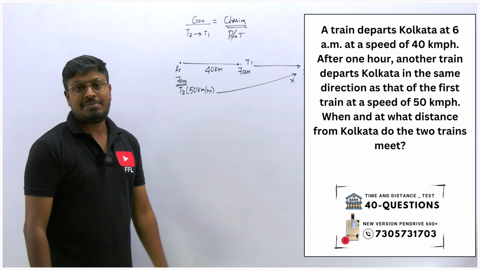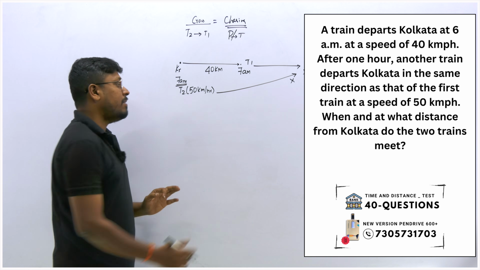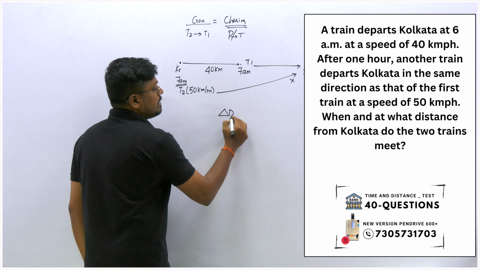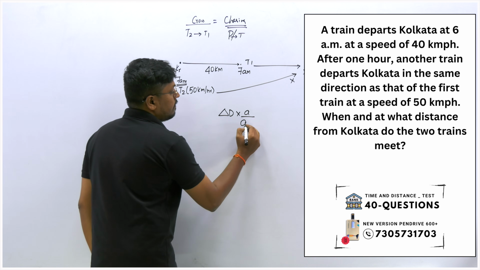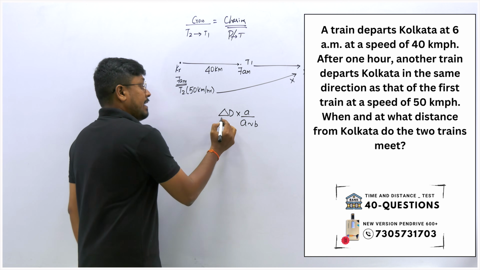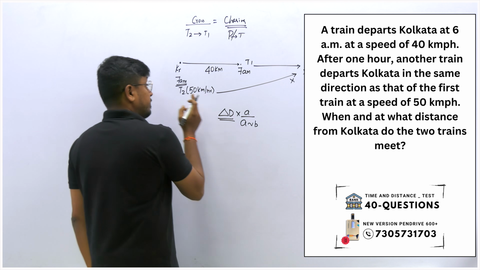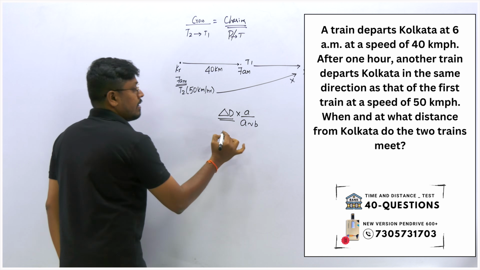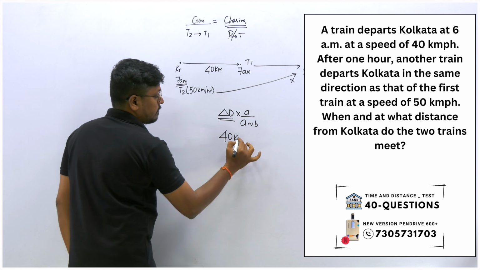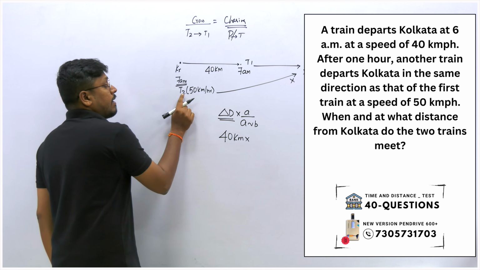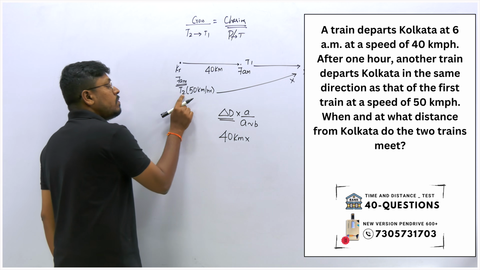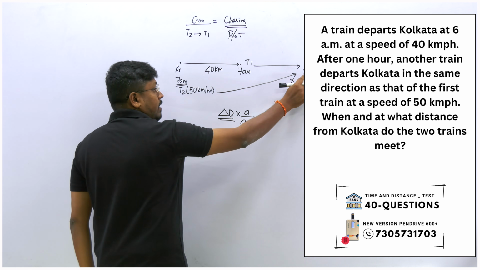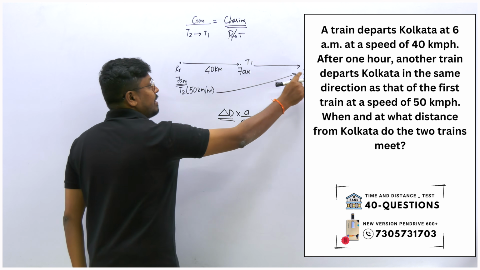So easy concept, we can apply one very simple formula: the difference in the distance into A divided by A difference B. I have told this. Difference in the distance is nothing but between train 1 and train 2. What is the difference in the distance? Which is 40 km. Now our target is to find when train 2 is going to cross, or meet, train 1.